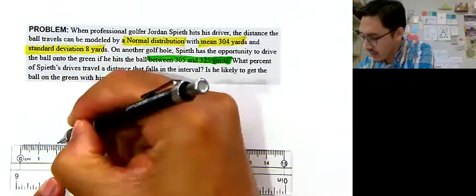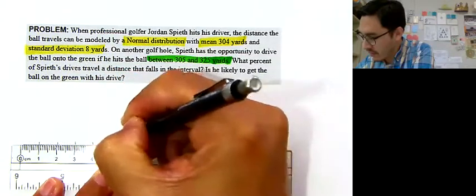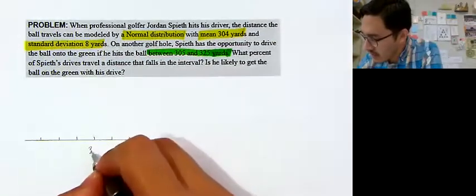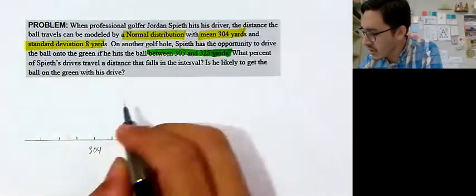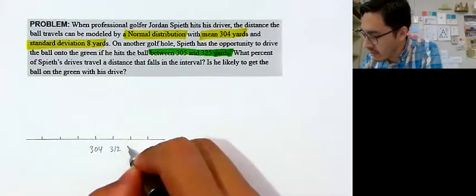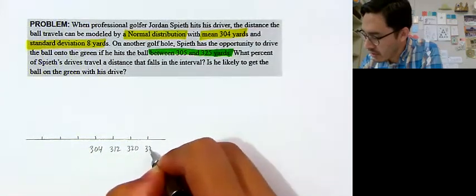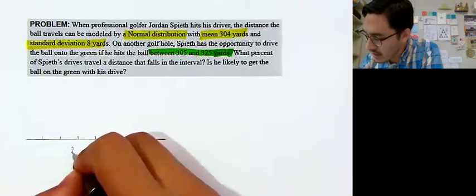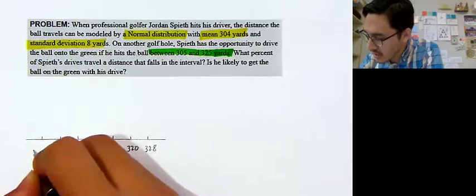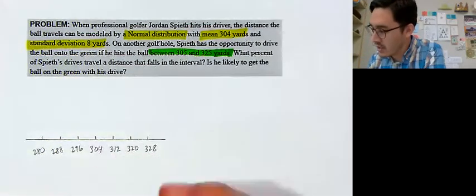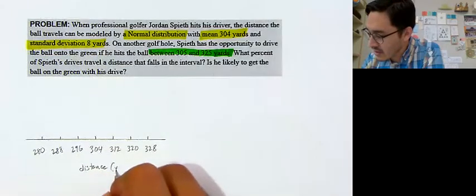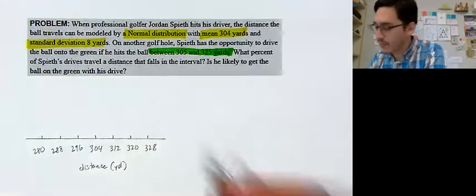Okay, so 1, 2, 3, 4, 5, 6, 7 tick marks. 304 was the mean, and we're going to go in increments of 8. So 312, 320, 328, 296, 288, and 280. And this is distance in yards.